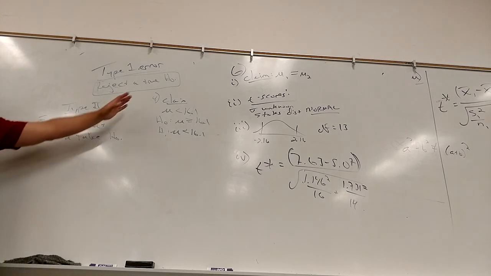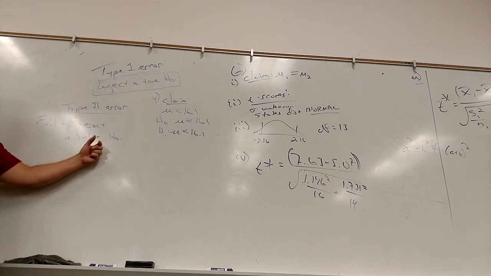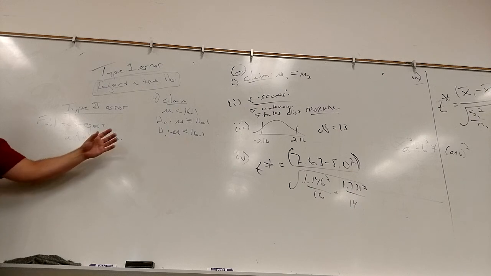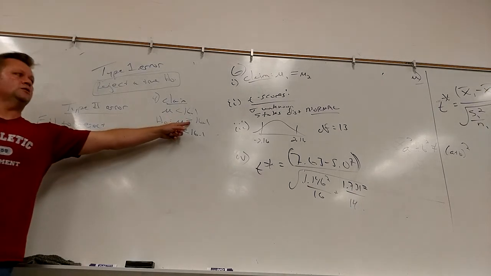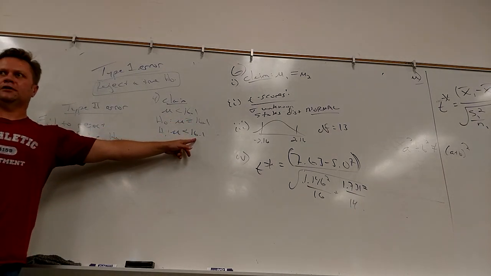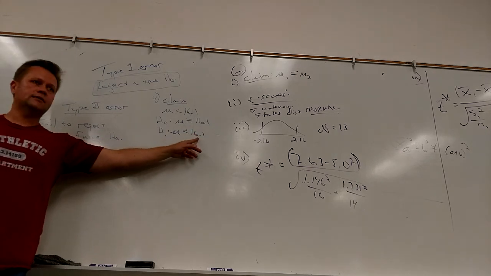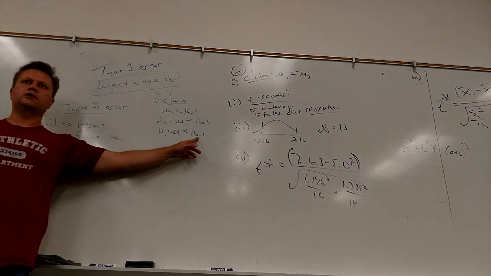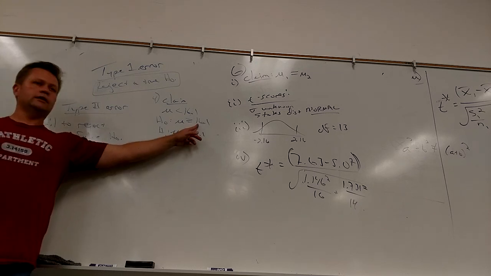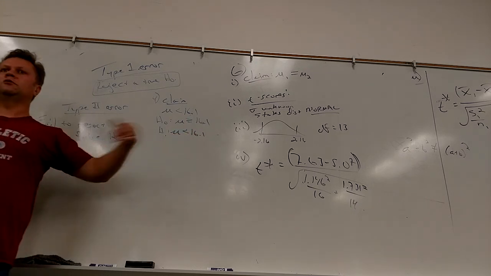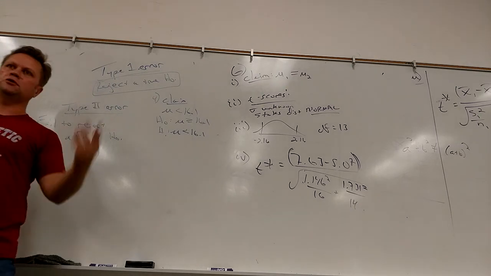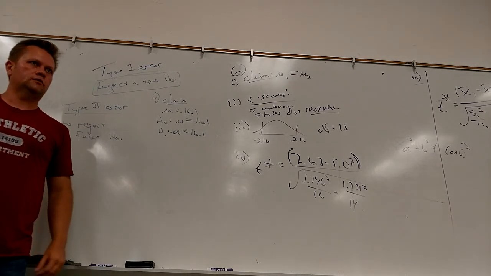So what's actually true then? The null is false. So what's the reality then? It actually takes, this is wrong, therefore this is right. So a nice way to say this is, it actually takes less than 16.1 minutes for my drug to relieve pain. But we think that it takes at least 16.1 minutes. Poor us. We don't put the ad out. People don't get that better drug. Too bad for us.